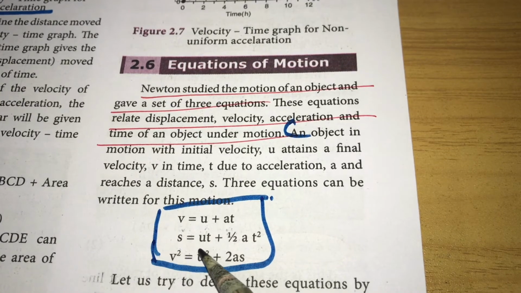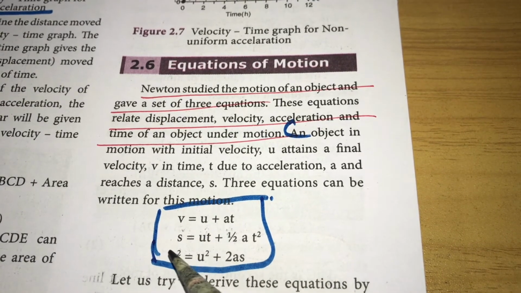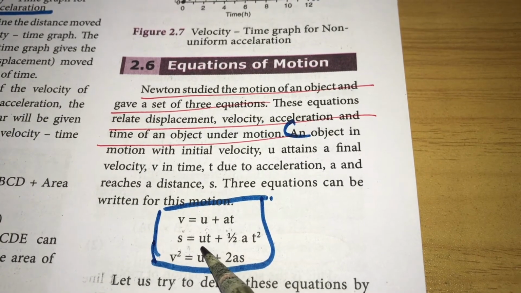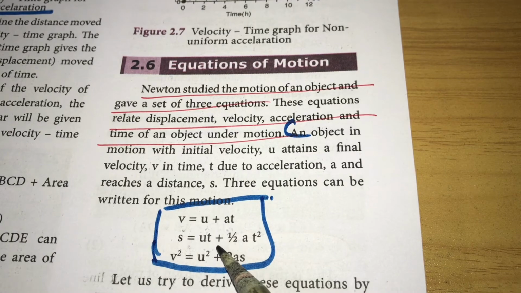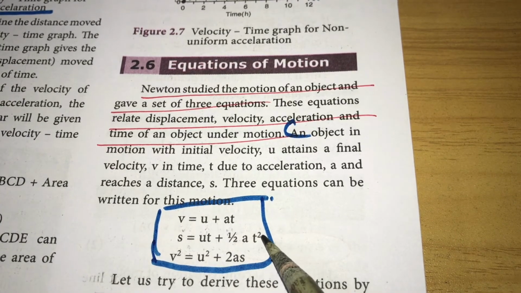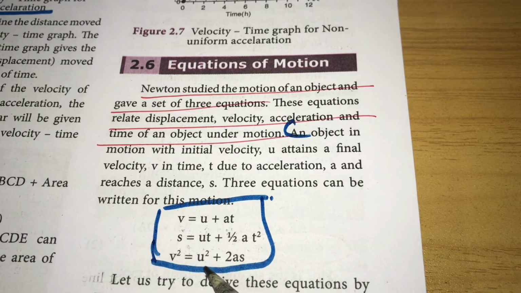s is equal to ut plus half at squared. The covered distance s is equal to initial velocity into time plus half acceleration into the square of the time. And the next one is v squared is equal to u squared plus 2as.